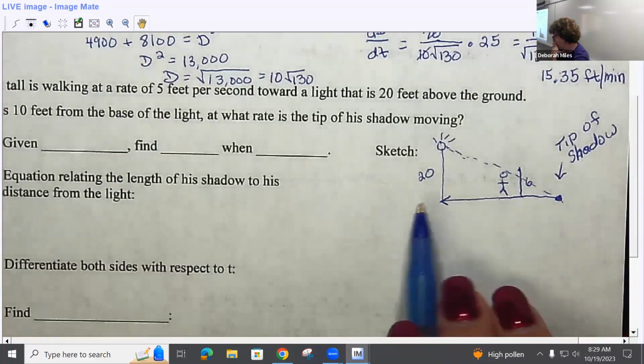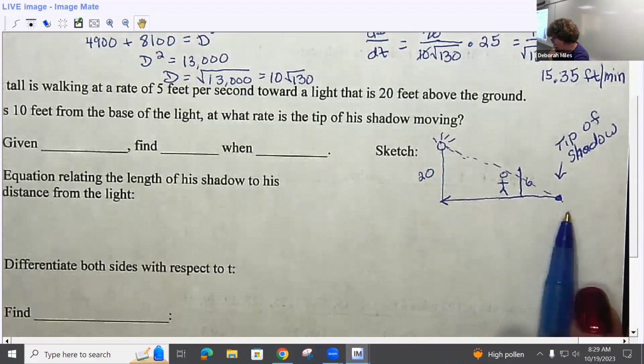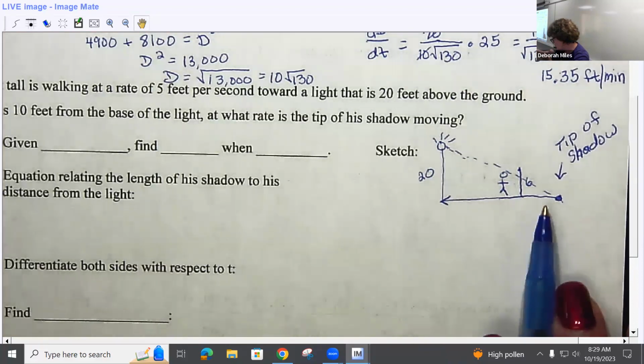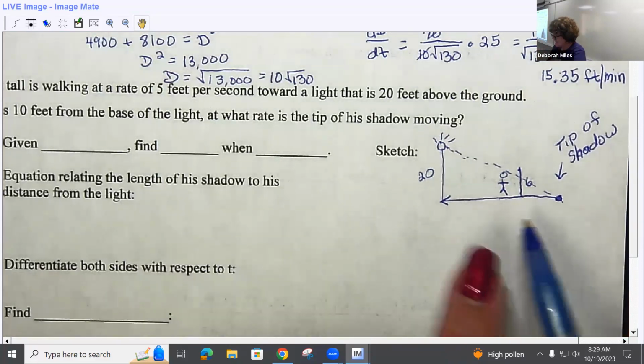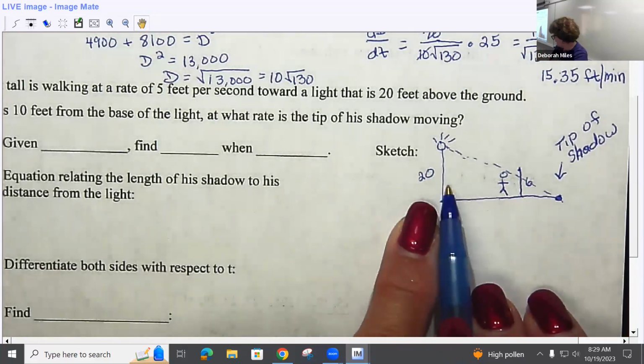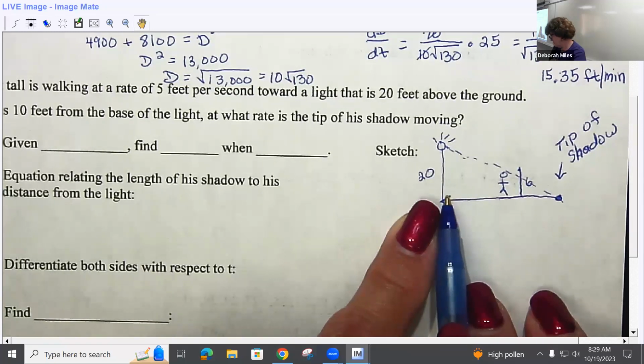As he's moving toward the light, is his shadow going to be getting longer or shorter? If he's standing right below the light, is he gonna have a very long shadow or a very short shadow?